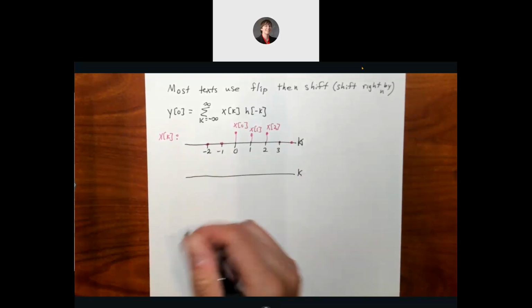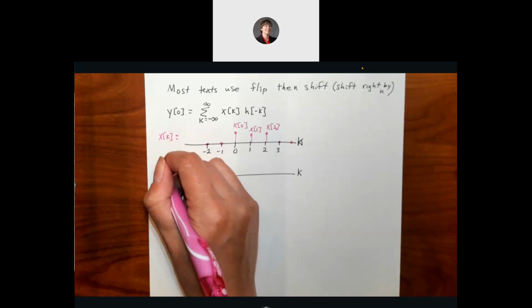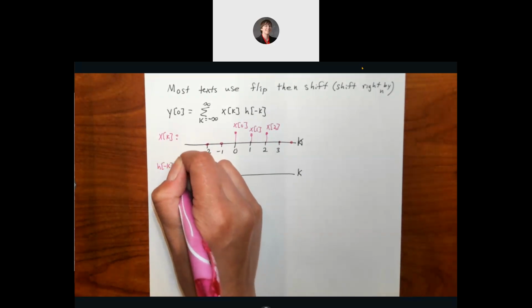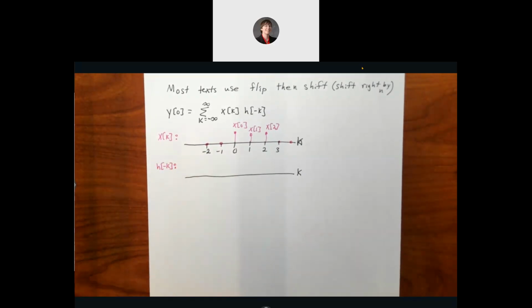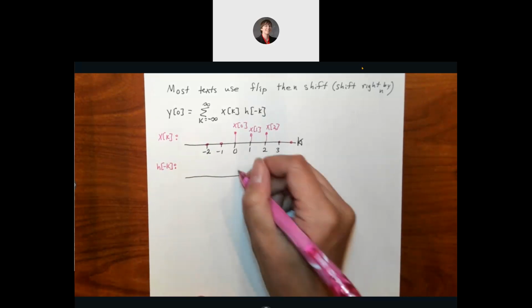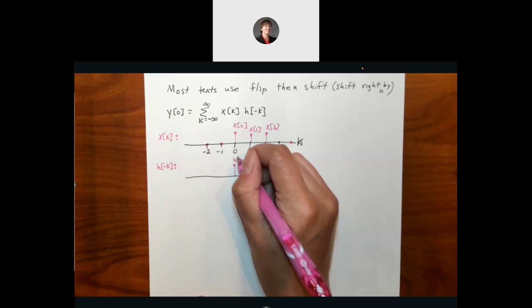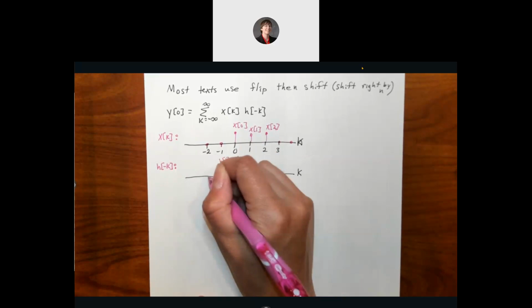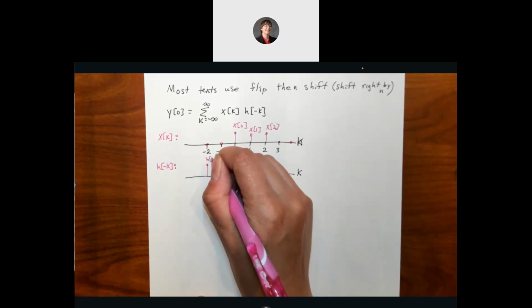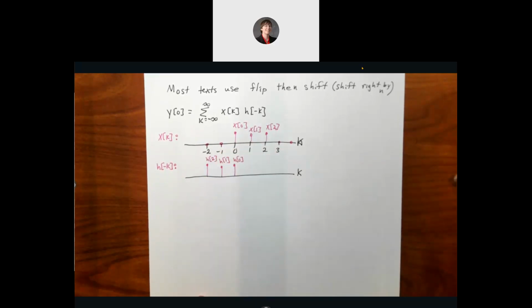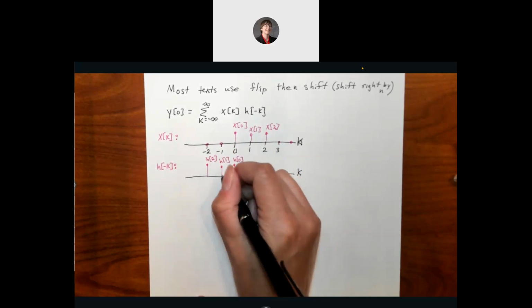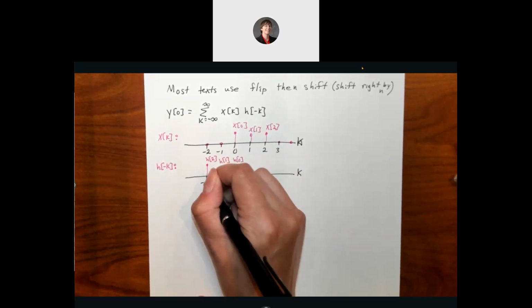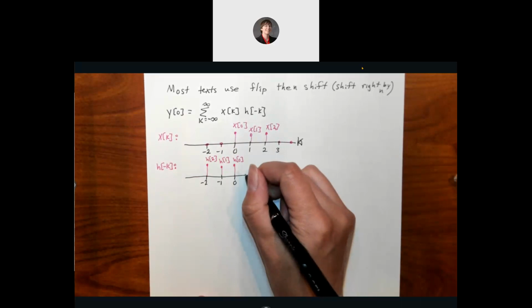And then you can sketch your h. In this case, since n is 0, we have no shift, it's just a flip. So you'd end up with h0, right? So we're flipping about that vertical axis.